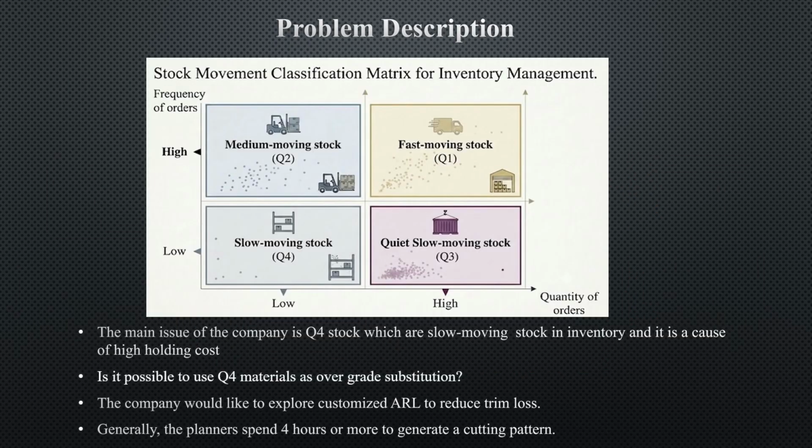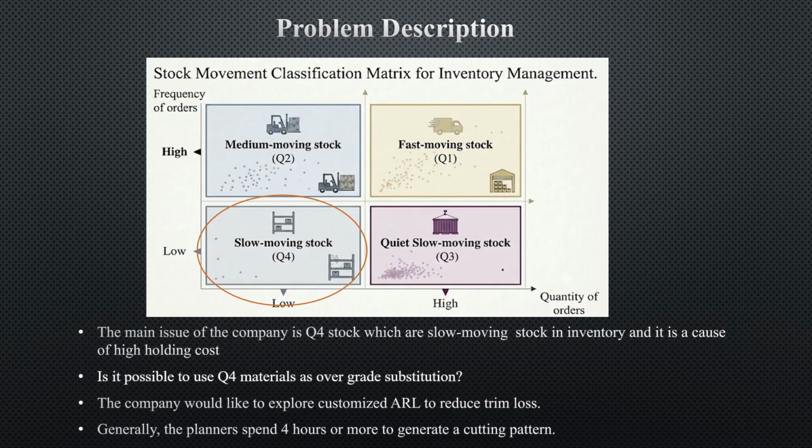Regarding the company's current situation, inventory is categorized into four quadrants based on order frequency and volume. Quadrant 4 represents slow-moving stock, categorized by low demand frequency and low order quantities, which significantly drive up holding costs.